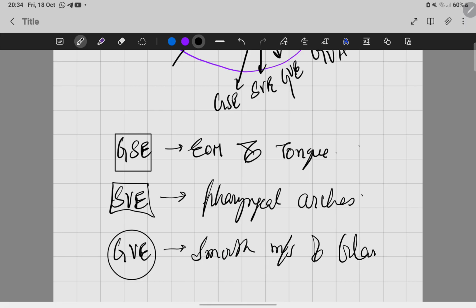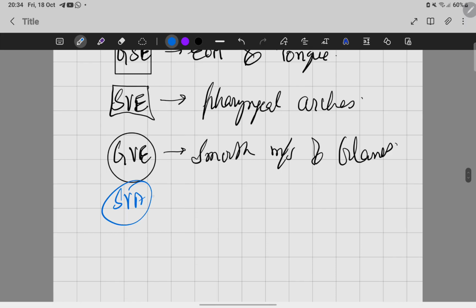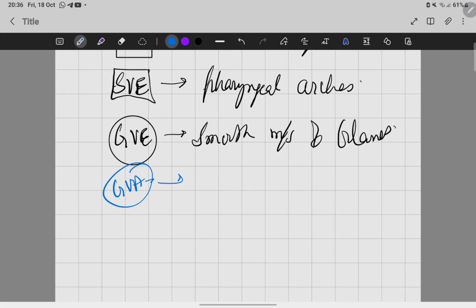Now special visceral afferent. After this, we have general visceral afferent. General visceral afferent supplies sensation from the viscera.